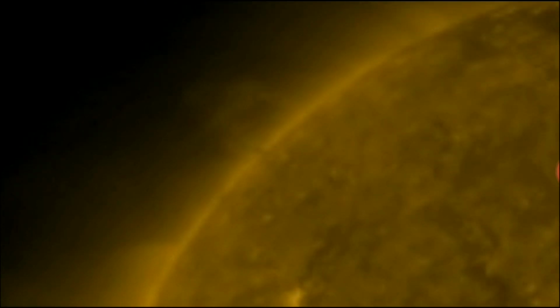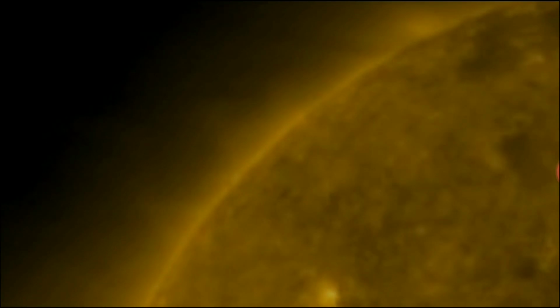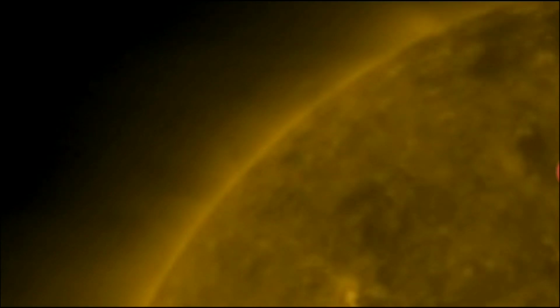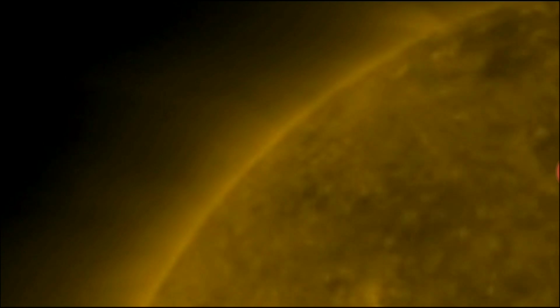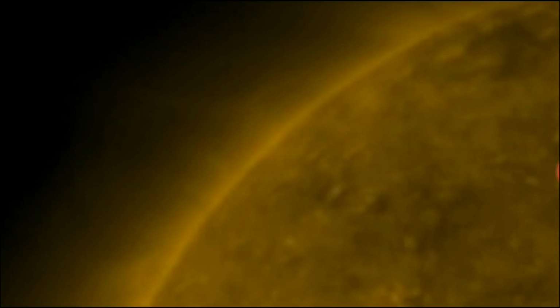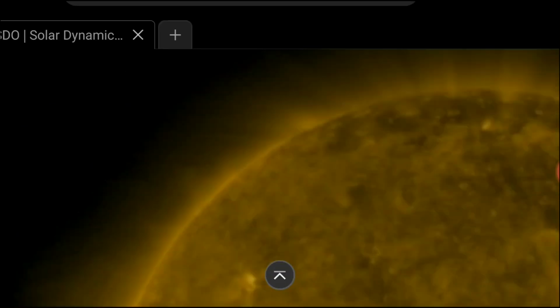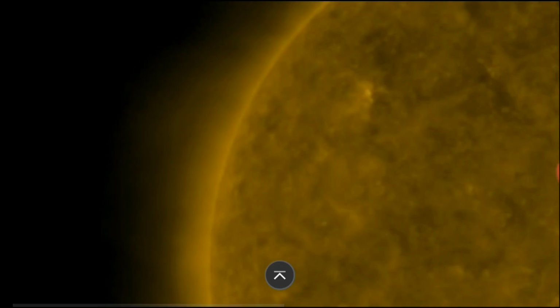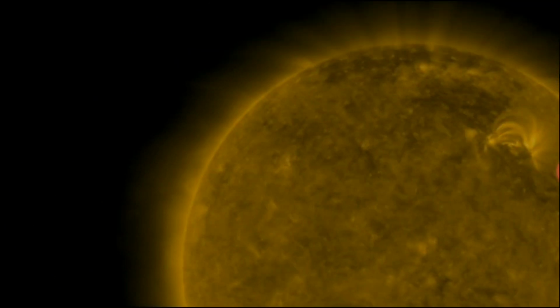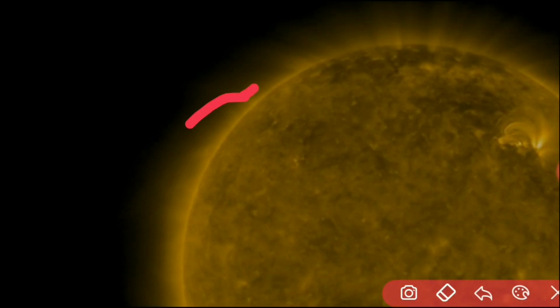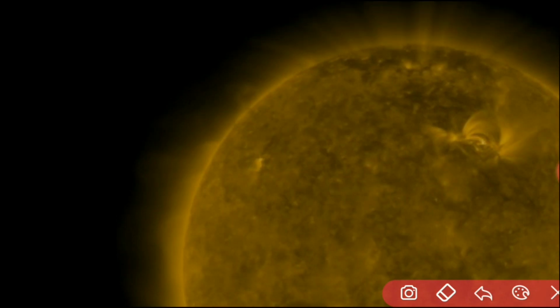Now, we have to keep in mind what we were seeing was around the edge of the occulter. Okay, so that dark circle I showed you guys, that ain't the surface of the sun. It's smaller than that. So this could be part of what we're seeing there. I'm not saying that it is, but it very well could be. Now, if you watch, you can see this energy here kind of blend into this part too.